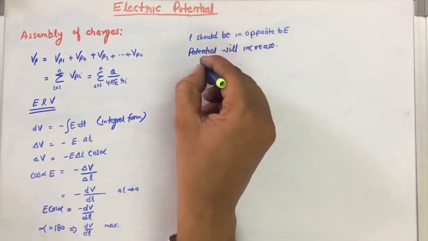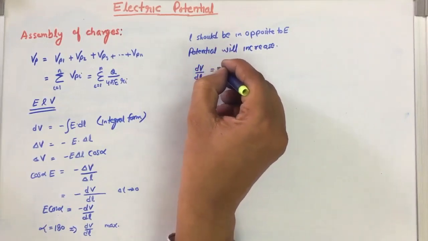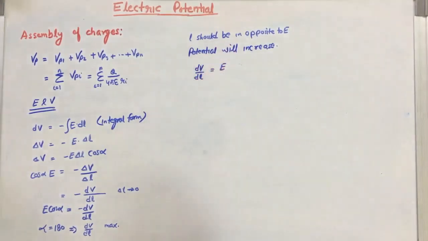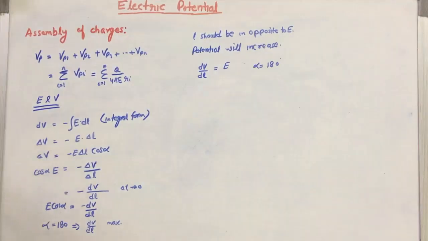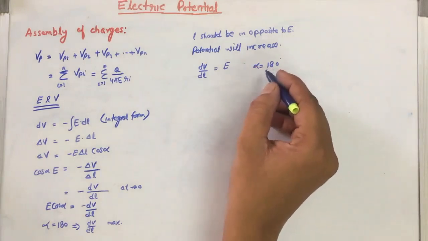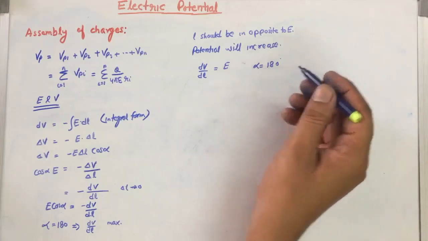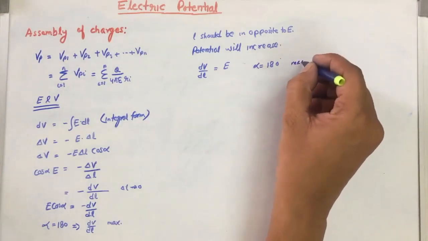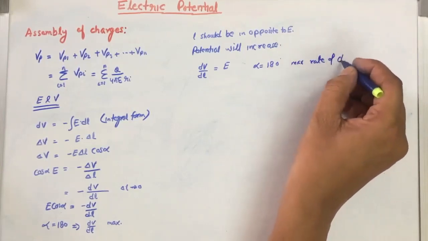So what we can say, dV over dl becomes equal to E when alpha is equal to 180 degrees, and that is the maximum rate of change.